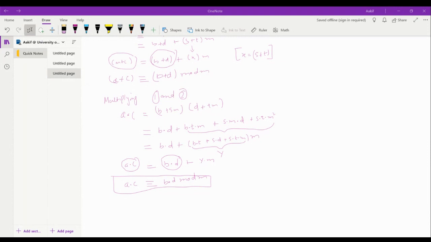Okay, let's move forward. Now, let's take an example where we'll see the congruence of sum and product for 7 is congruent to 2 mod 5 and 11 is congruent to 1 mod 5.